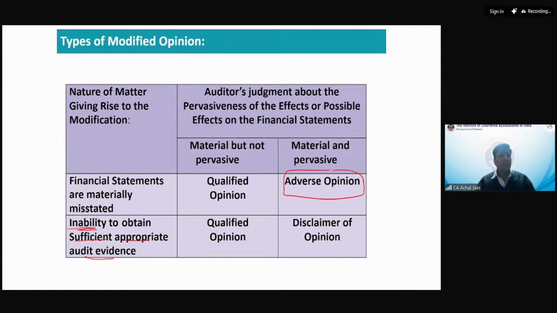No, there's no such principle. All of these modifications, all of these opinions we are talking about, apply to each and every entity the way the principle requires. There's no such applicability as such, so you should not let some of those points confuse you.